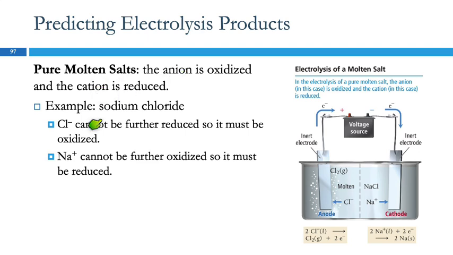So the example given is sodium chloride. Chlorine is already reduced, can't be further reduced, it'll get oxidized. Sodium is already oxidized, it can't be oxidized anymore, so it's going to get reduced. So here we have our molten sodium chloride, and we're forcing electrons through this, and we're creating elemental sodium.